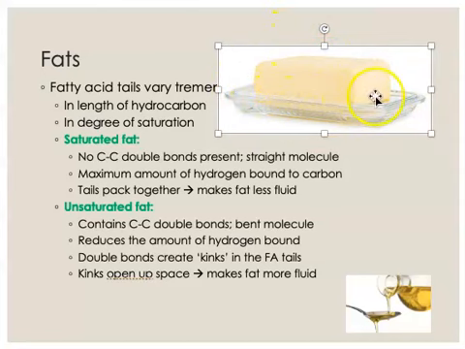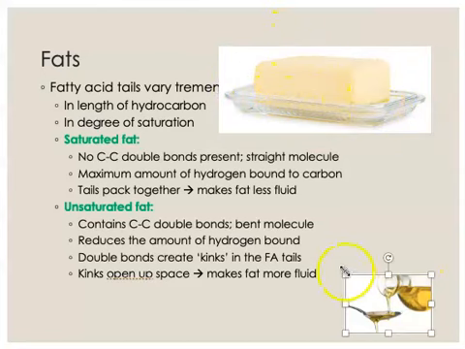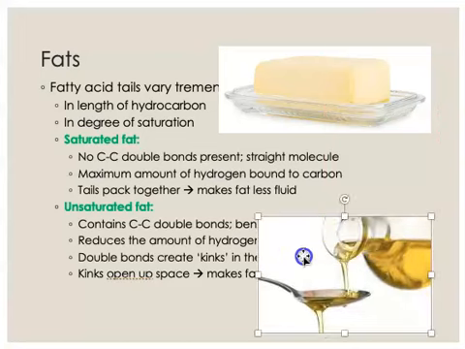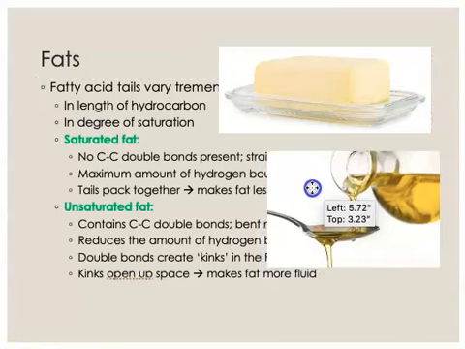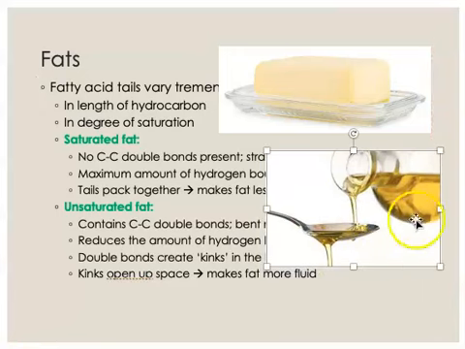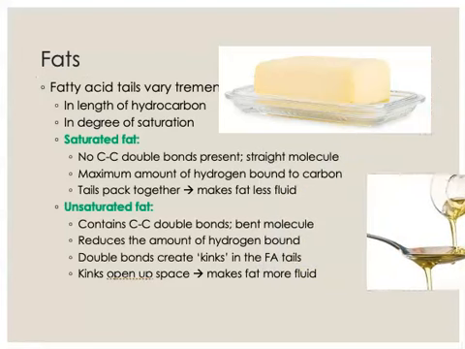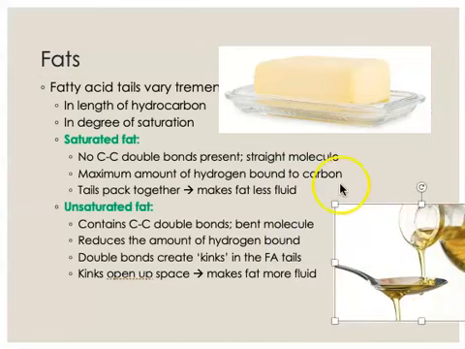at room temperature. If you compare that to, say, olive oil, which is an unsaturated fat, we see a much more fluid type of structure. Fats like olive oil are unsaturated, which means they contain carbon-to-carbon double bonds.